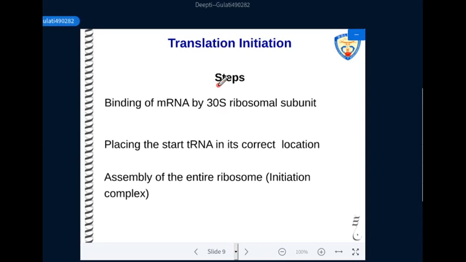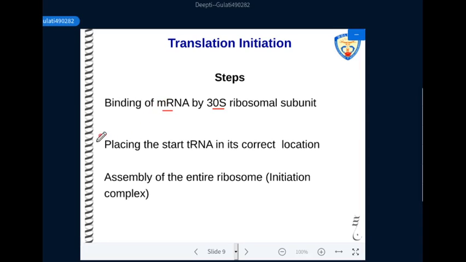So translation initiation has three main steps. First, the 30S ribosomal subunit, along with the initiation factors, will first find the messenger RNA and attach to it at a particular sequence.